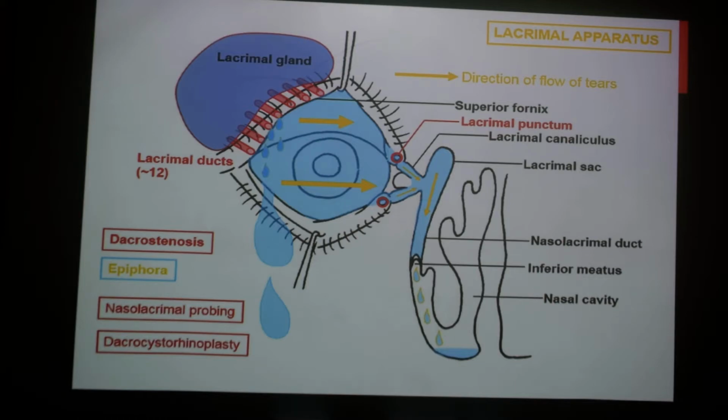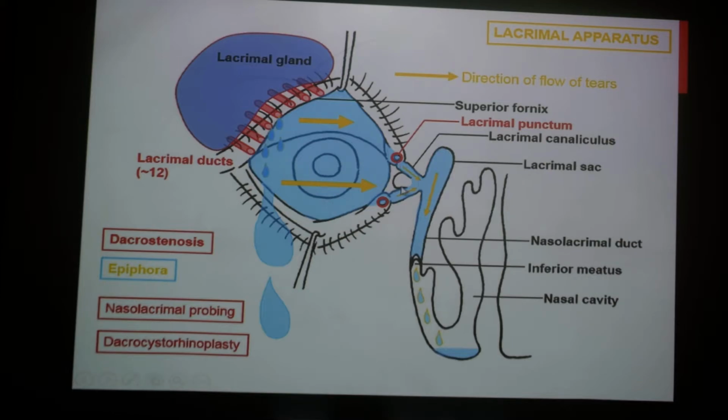Stenosis means obstruction. So if there is any obstruction in the nasolacrimal system, you would hear the term dacrostenosis. And if there is inflammation and infection of the lacrimal sac, then you would have a bulging on the medial side of the eye, and that is called dacryocystitis.